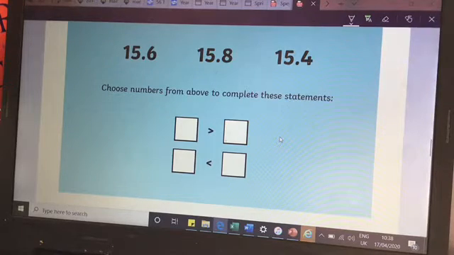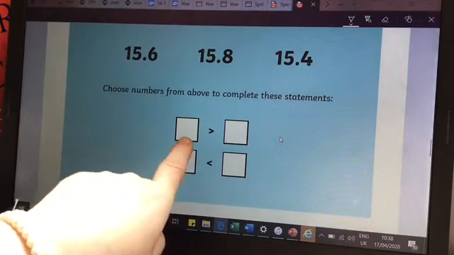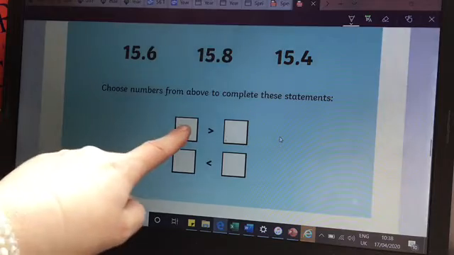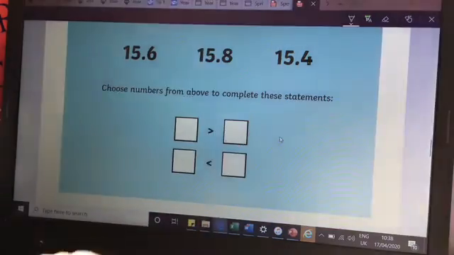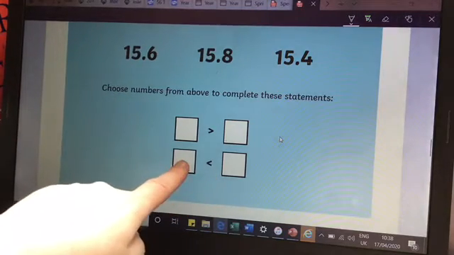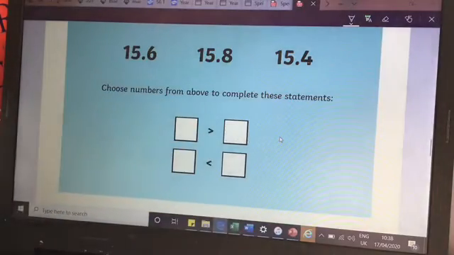Okay, hopefully you've chosen some numbers. So in this box I could have put, which is the biggest number? Well, 15.8 is the largest number, isn't it? I could have said 15.8 is larger than 15.6. And in terms of the number that's less than, I could have said 15.4 is less than 15.8. Or there are other alternatives you might have chosen.